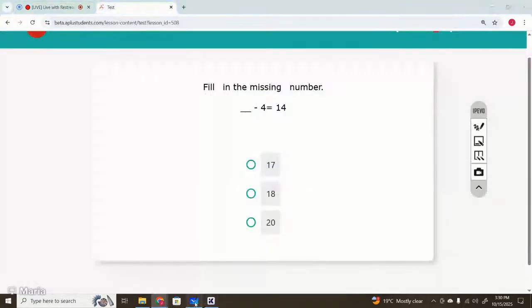The missing number minus 4 equals 14. So when the greater number is missing, you need to add the smaller number both sides, right?